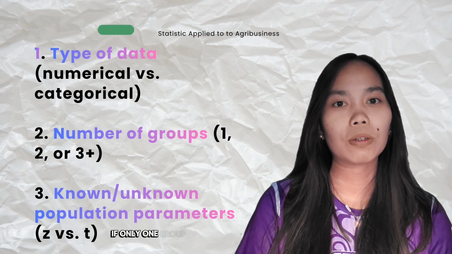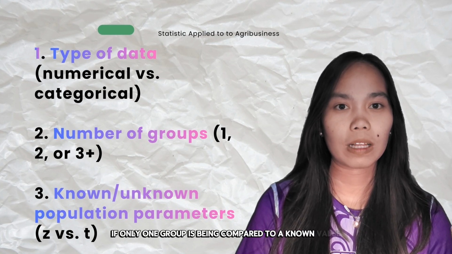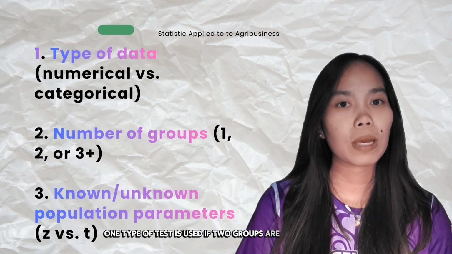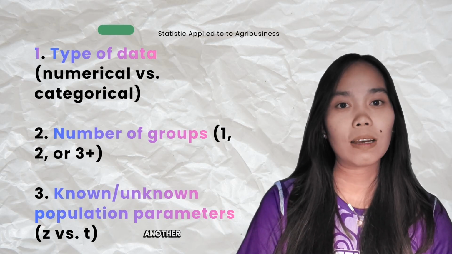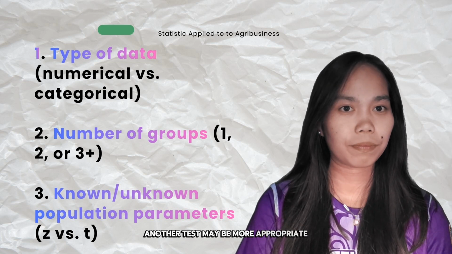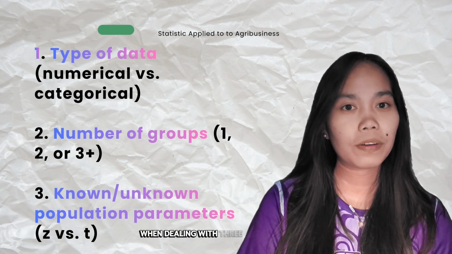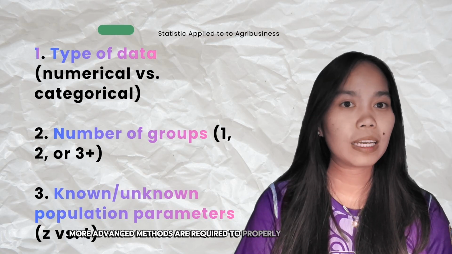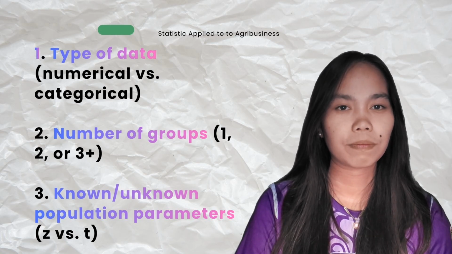Another factor to consider is the number of groups being compared. If only one group is being compared to a known value, one type of test is used. If two groups are being compared, another test may be more appropriate. When dealing with three or more groups, more advanced methods are required to properly analyze the differences.